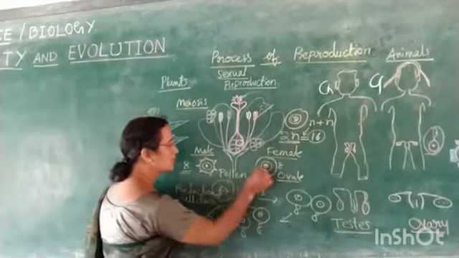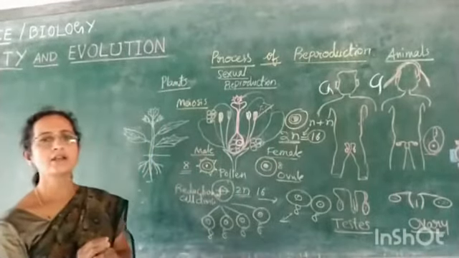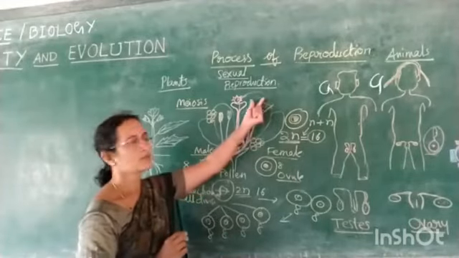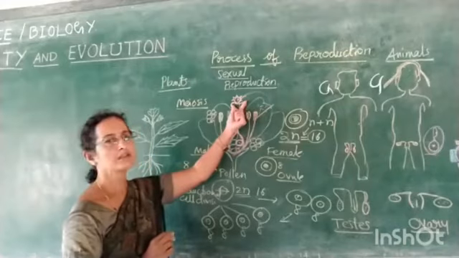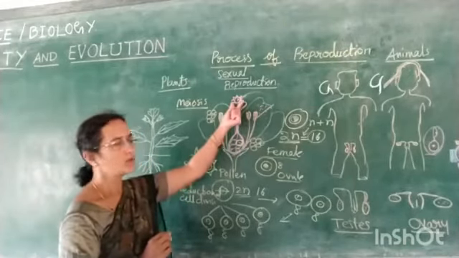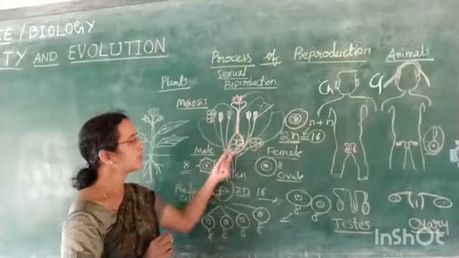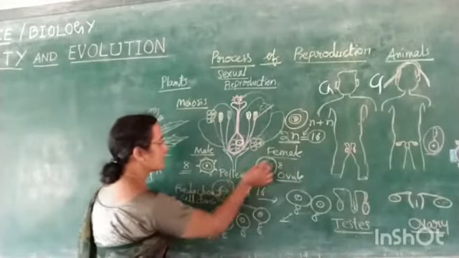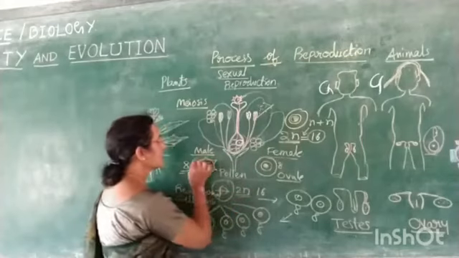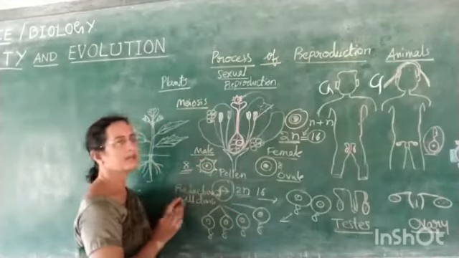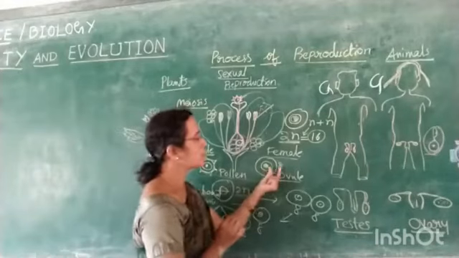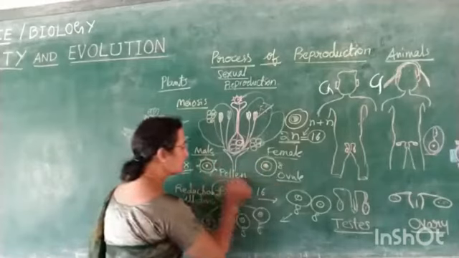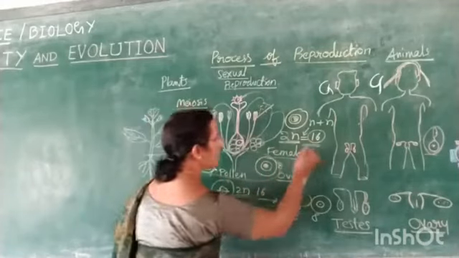When these two get united, as we have learnt in the sexual mode of reproduction, the pollen gets transferred to the stigma, and the nucleus of the pollen unites with the nucleus of the ovule. The 8 chromosomes in the pollen and 8 chromosomes in the ovule get united, so again they form 16 chromosomes.